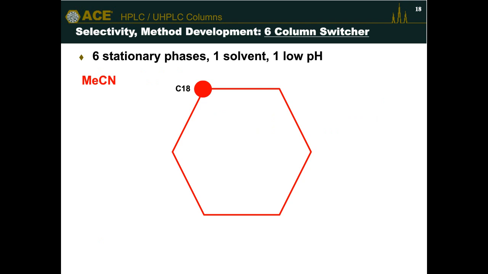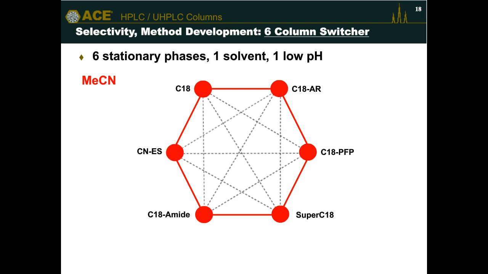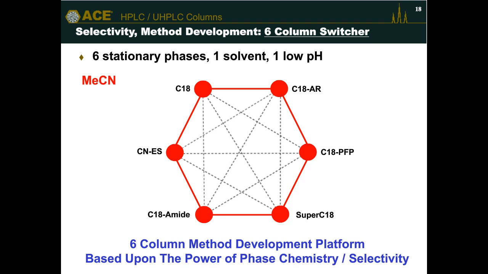So if we look at this, for instance, using acetonitrile as a single organic solvent, we can see with the different column chemistries, they have complementary selectivity to each other in acetonitrile at 1 low pH. So this is, if you like, if you use a column switcher, like a screening or method development platform.